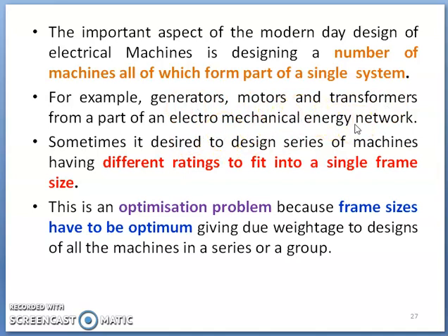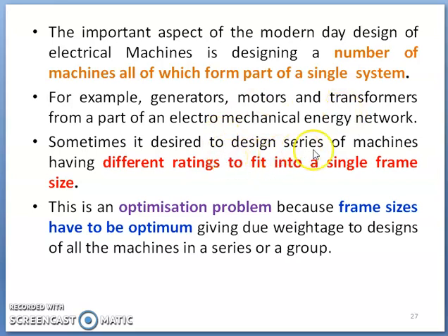Hence, while designing, the designer will look into the design of all the machines which are compatible or fit for that particular single system.